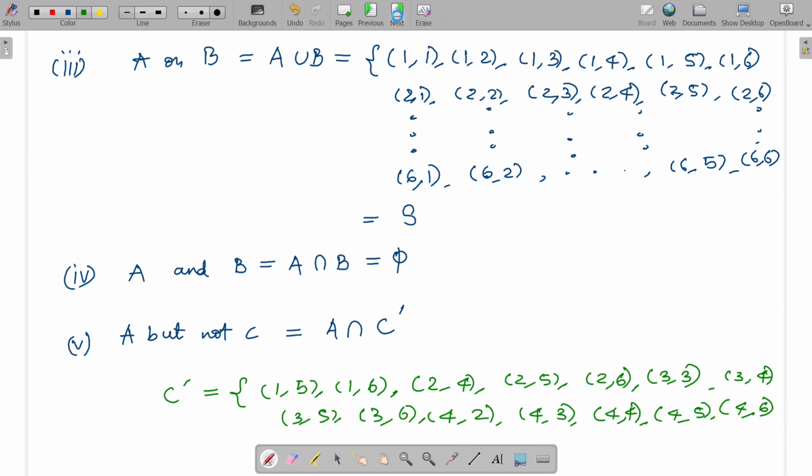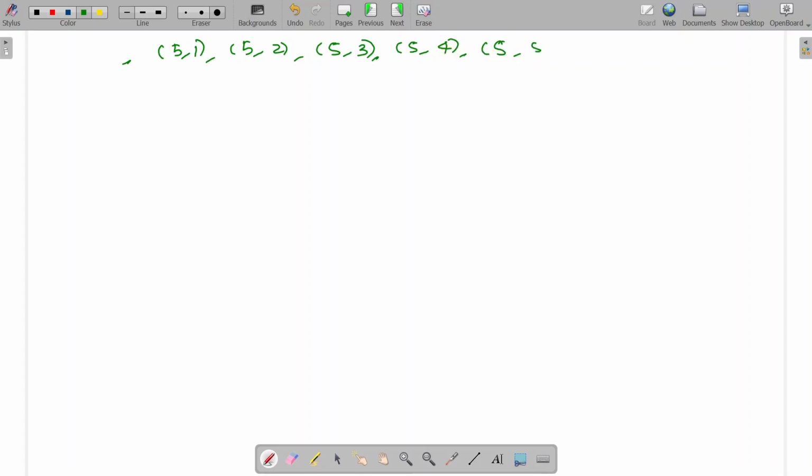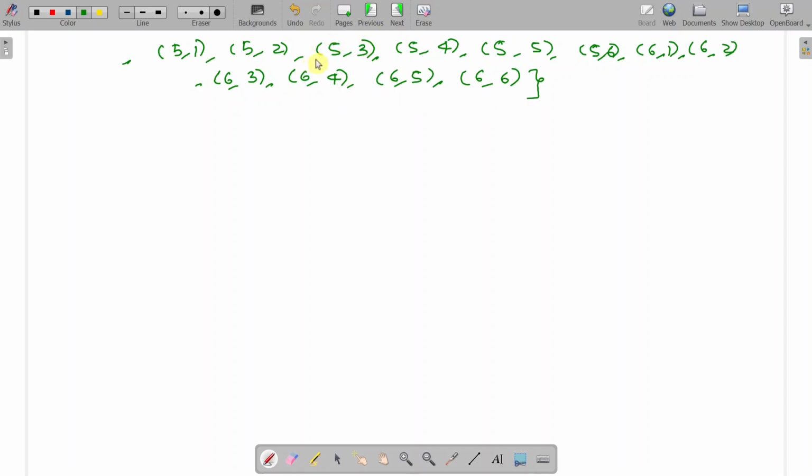So, that is 5 comma 1, 5 comma 2, 5 comma 3, 5 comma 4, 5 comma 5, 5 comma 6, 6 comma 1, 6 comma 2, 6 comma 3, 6 comma 4, 6 comma 5, 6 comma 6. So, this is the C complement, okay.